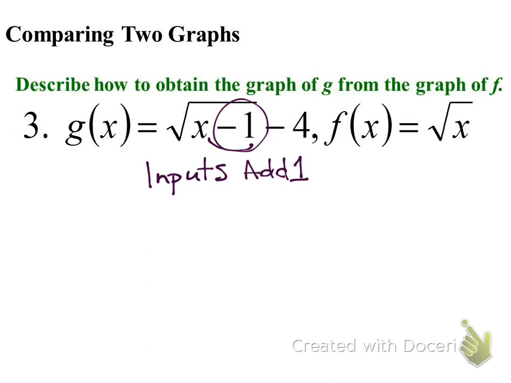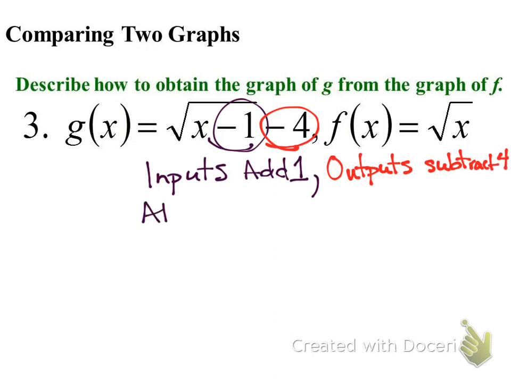And that means that, wait a second, I'll get there, because apparently I've got a -4 outside. So now outputs subtract 4. So all points move up 1, left, no. Inputs move left to right.